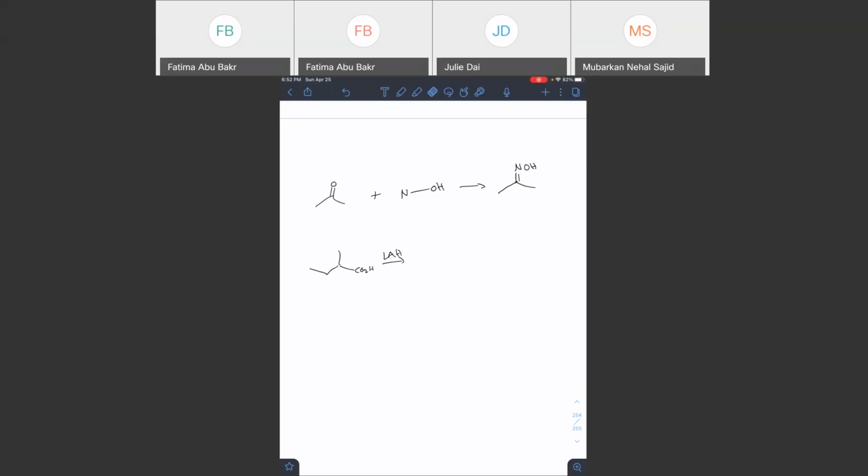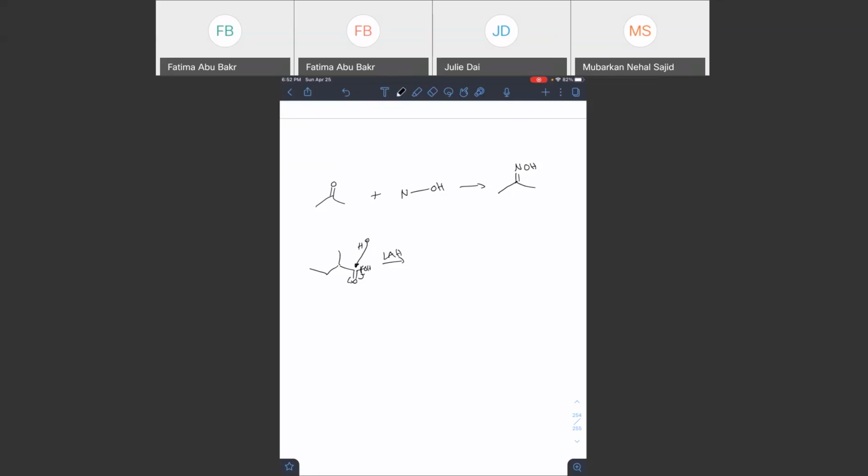Let's change this to a bond line format so we can look at it more accurately. All it's going to do is take an H minus, attack here, go up, come down, and then this has to break.